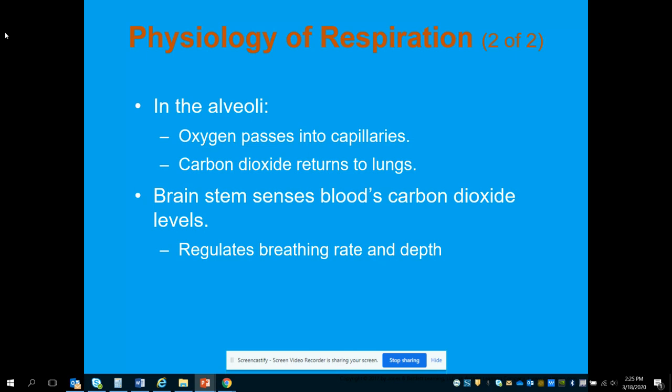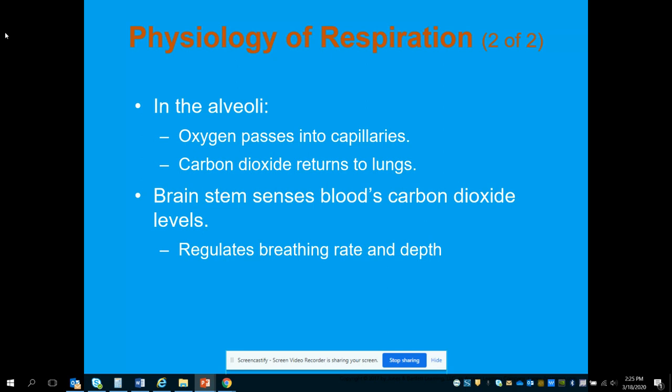Down in the alveoli, we have oxygen that's passing into the capillaries and carbon dioxide returning back to the lungs to be exhaled. And this increase in carbon dioxide in the blood, that's what's riding on your red blood cells, on your hemoglobin. You made the exchange, and now we've got CO2 that's riding back, and that's going to tell your brain to take a deep breath.